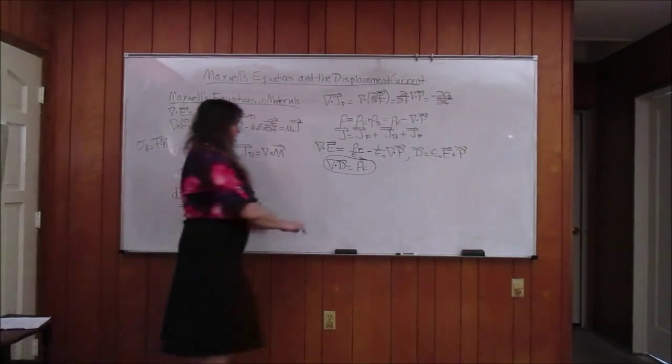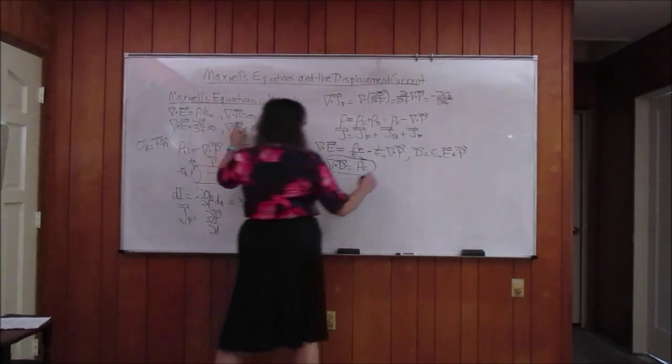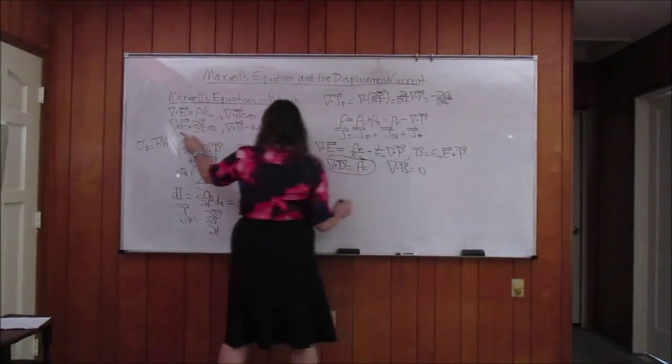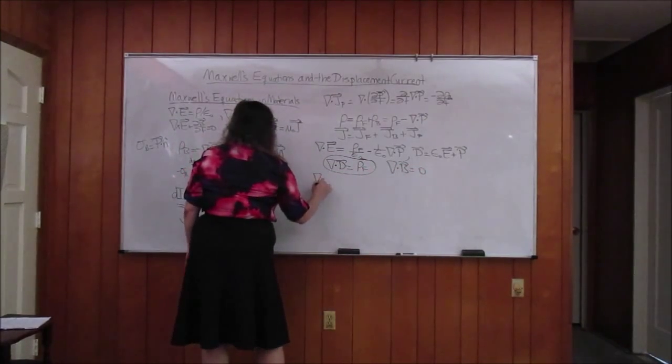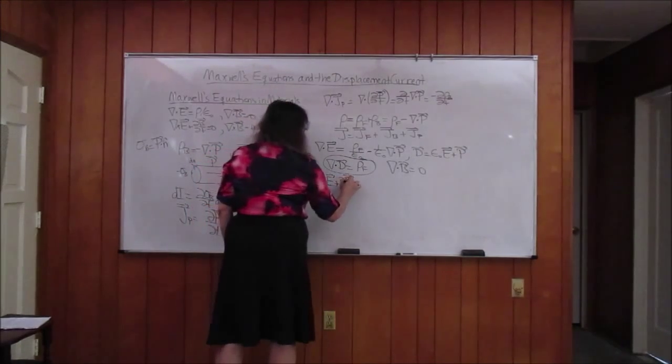So that's our first equation. And divergence B equals 0 doesn't change. And also Faraday's law doesn't change.